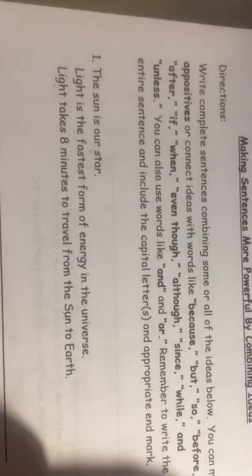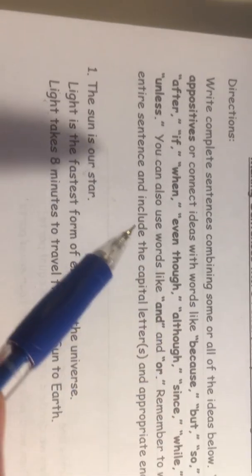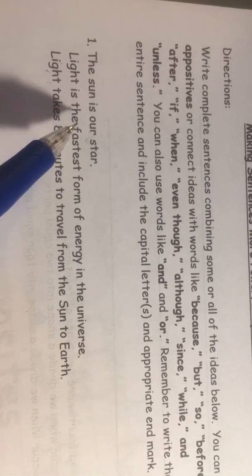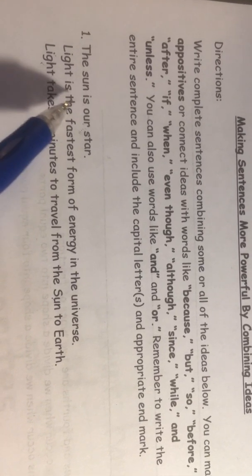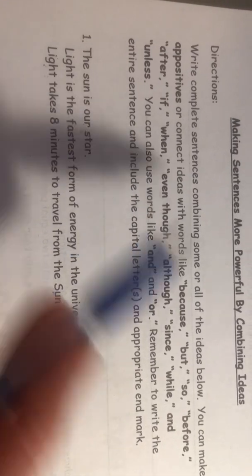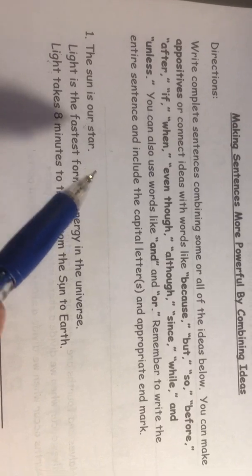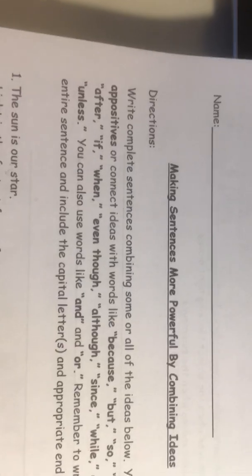You could do something like that. Or you could do cause and effect, right? So since light is the fastest form of energy in the universe, it only takes 8 minutes to travel from the sun to the Earth.